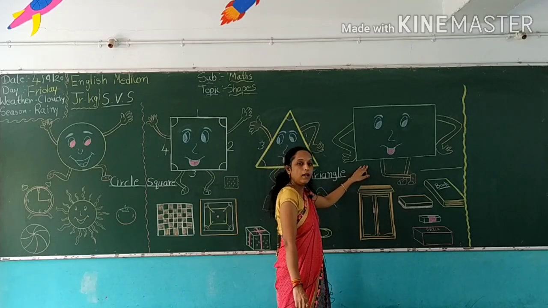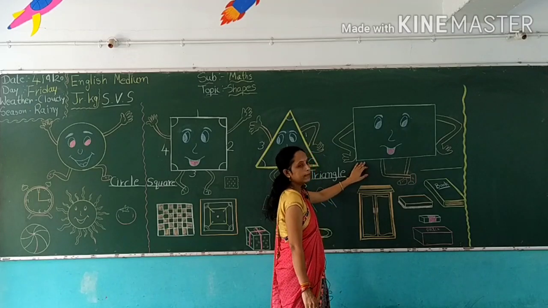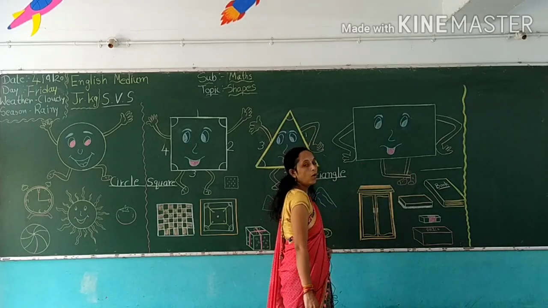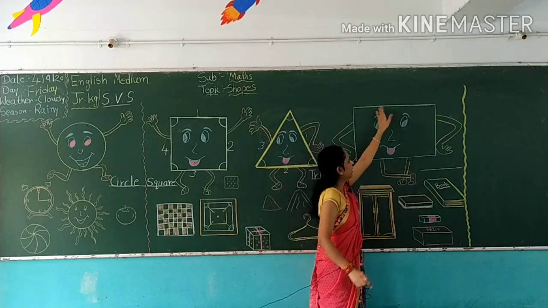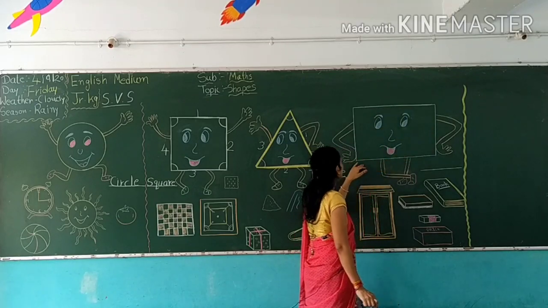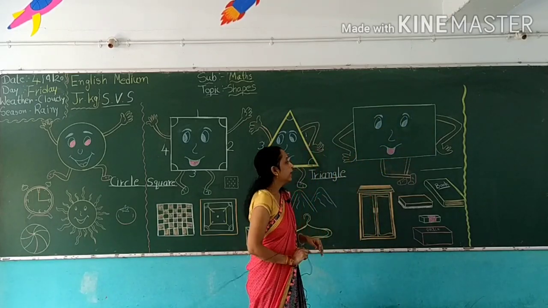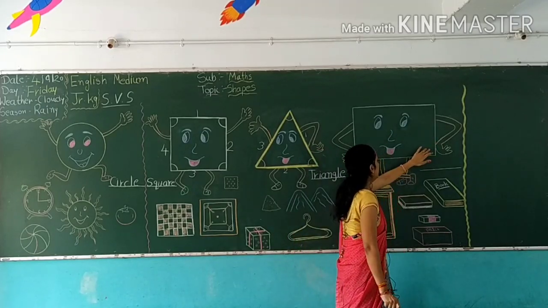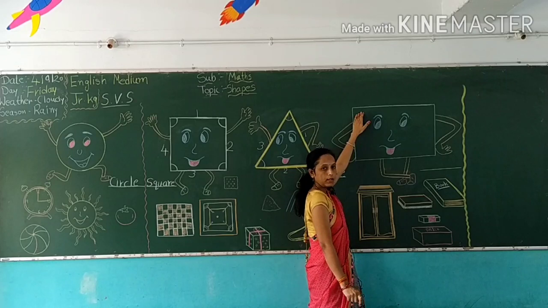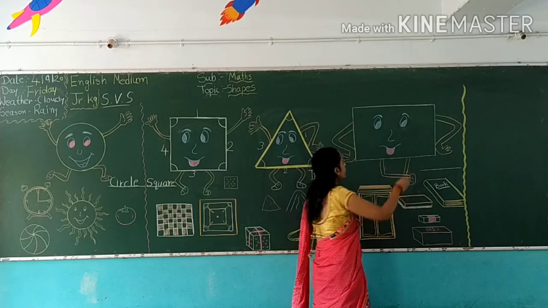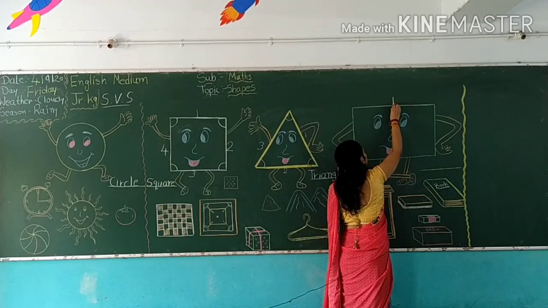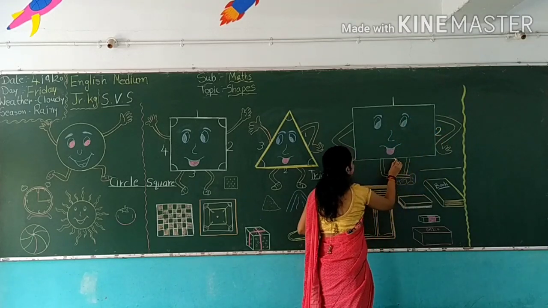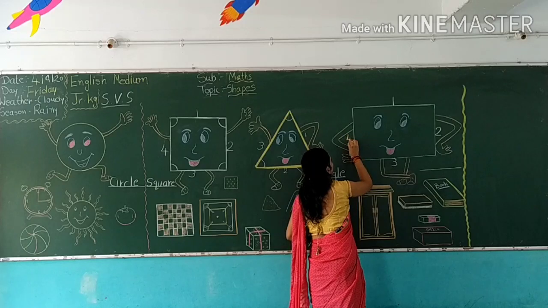This is a rectangle. Which shape is this? This is a rectangle. It has 4 sides. 1, 2, 3 and 4. It has 4 corners. 1, 2, 3, 4. It has 4 sides. So look here. 1, 2, 3 and 4.